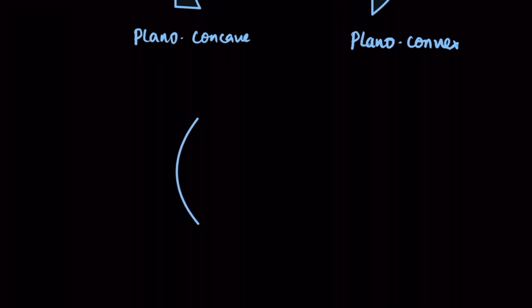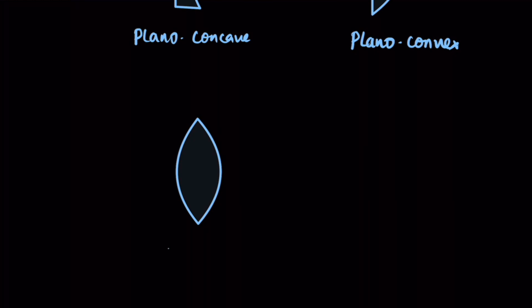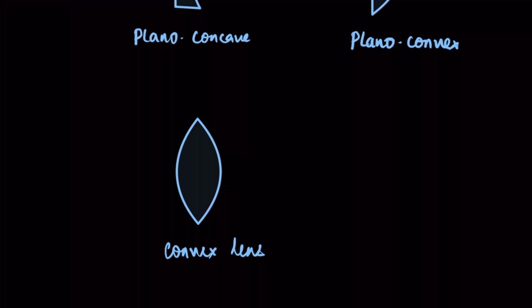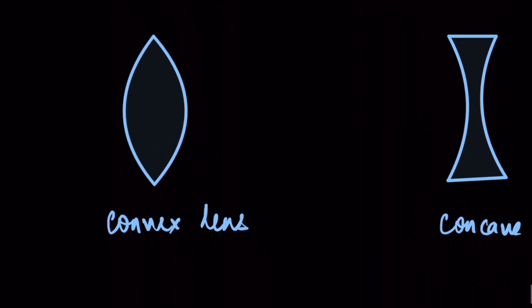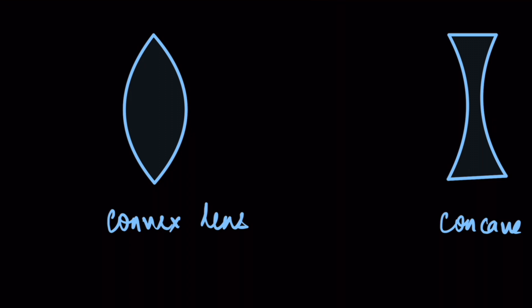So it could be a convex lens or it could be a concave lens. If I zoom it, here you notice at the center, convex lens is thicker than the edges.